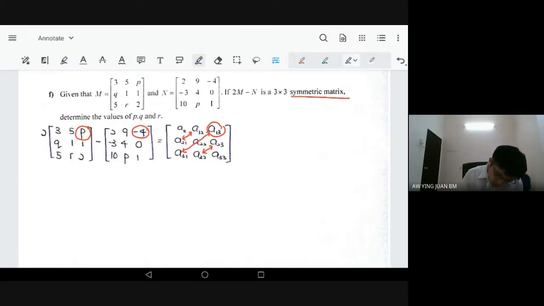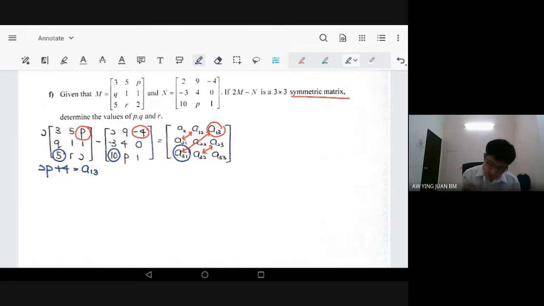We have 2P plus with the 4 is equals to A13. Next, if we refer to the situation, actually A13 is equals to A31. So if A31, so it related to 10, it related to 5.